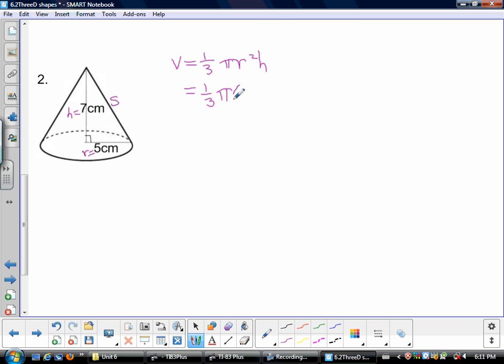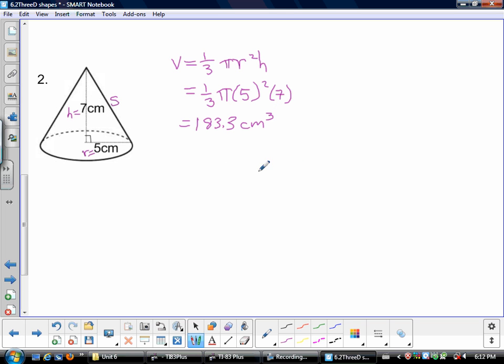The radius here is 5 squared, and we want the perpendicular height, which is 7. So again, I type all of this into my calculator. If I don't have a fraction button, I'm going to go 1 divided by 3, and then times the pi. So I end up with 183.3, and it's centimeters, and volume we're looking at cubed.